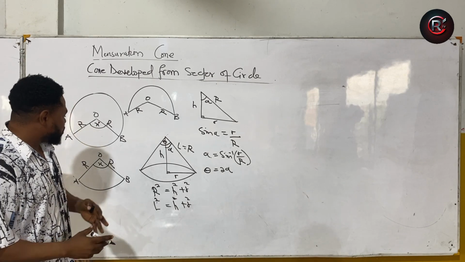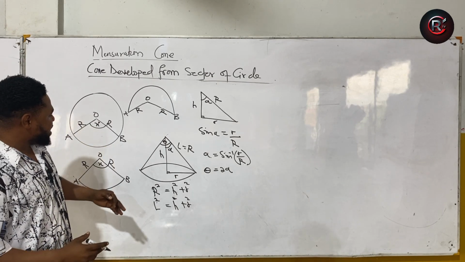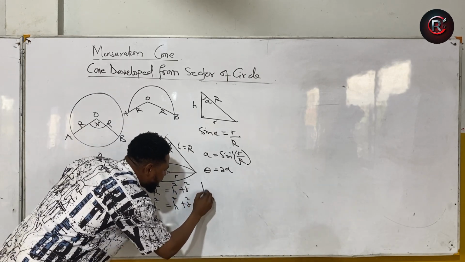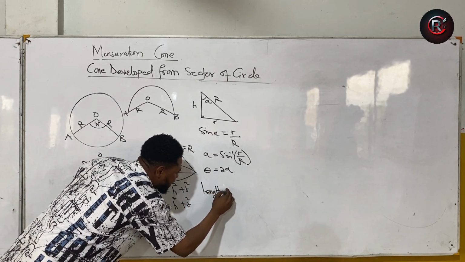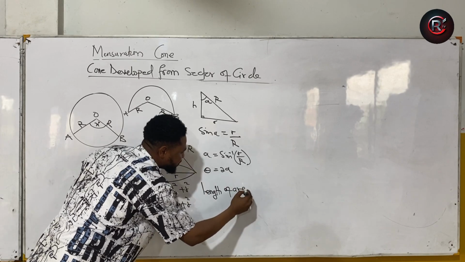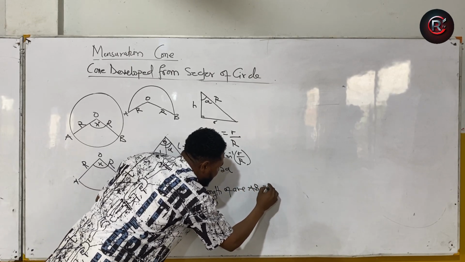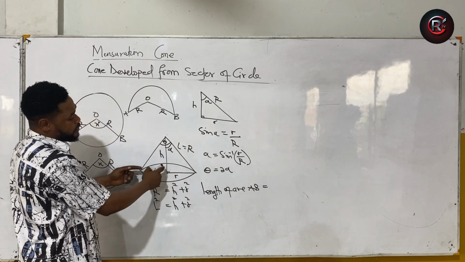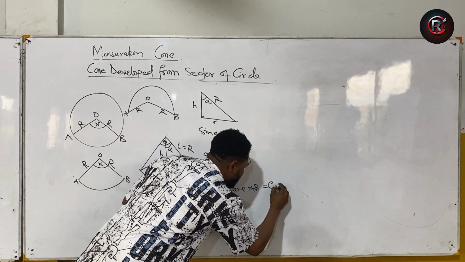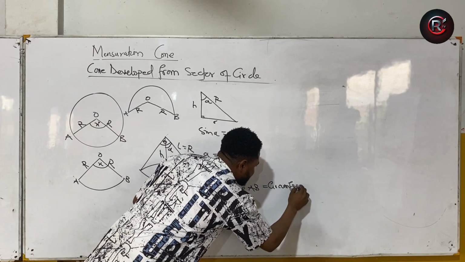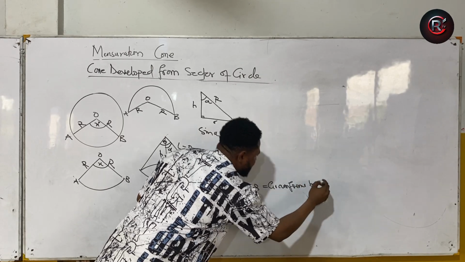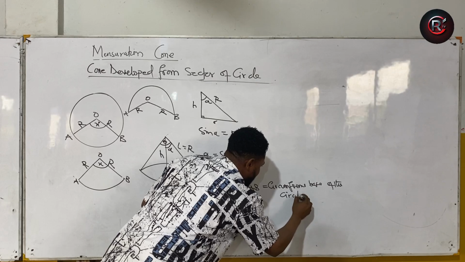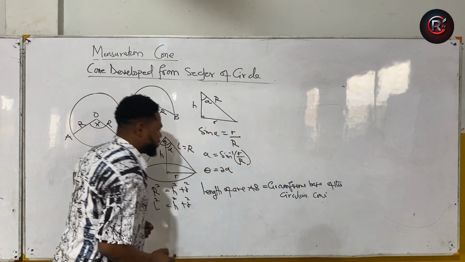Now, let us also look at how we can find the base radius of the cone. One thing we need to know is that the length of the arc AB of the sector, this arc that is used to form this cone, is equal to the circumference of the base of the cone.